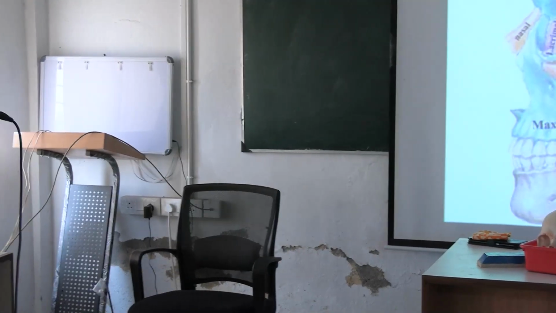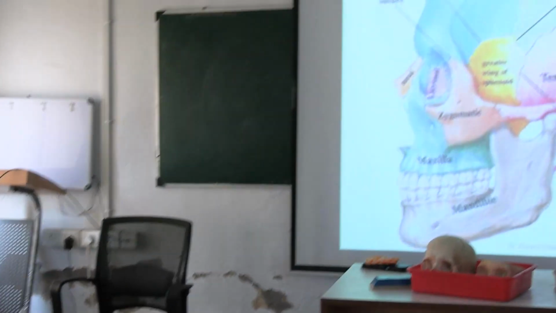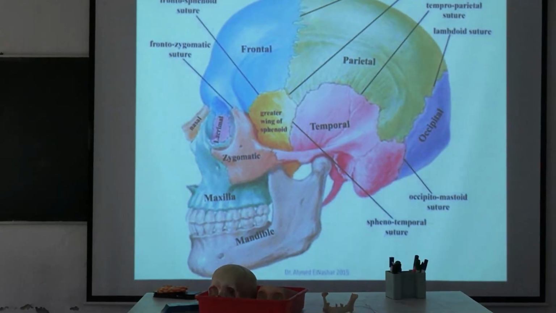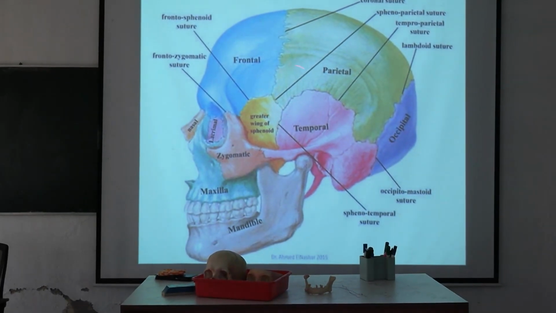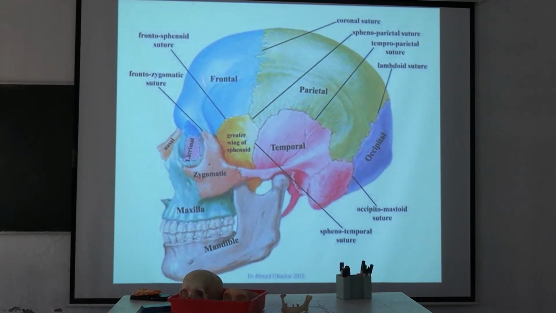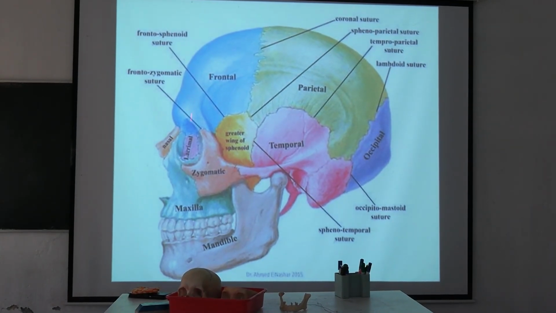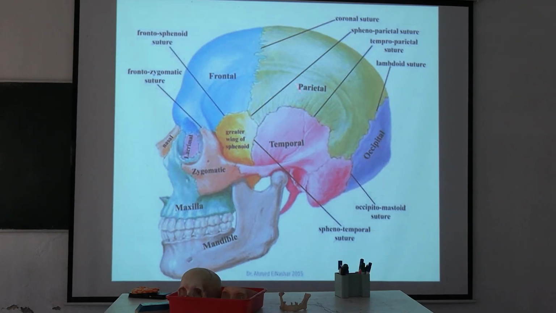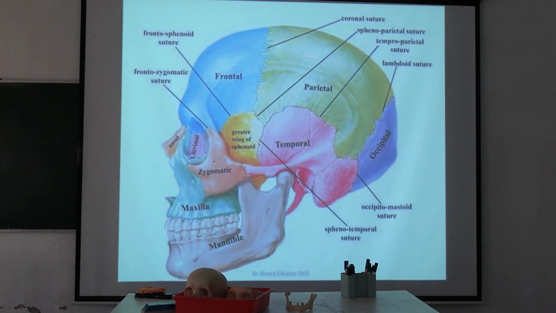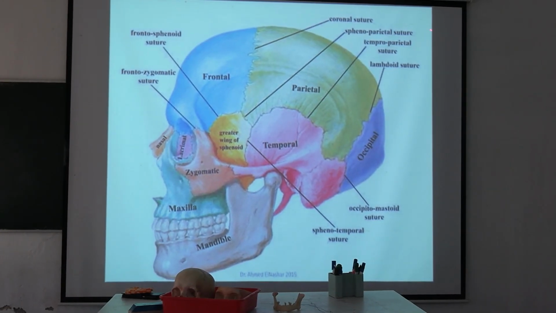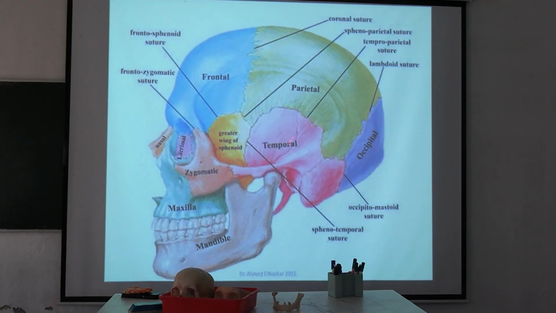And this area where four bones are joining, each forming a separate suture, is known as pterion. Here four bones are joining: anterior inferior angle of parietal, frontal, greater wing of sphenoid, and temporal. These together form the pterion. Pterion is also known as sphenoparietal suture region.